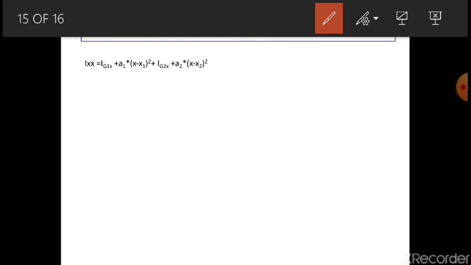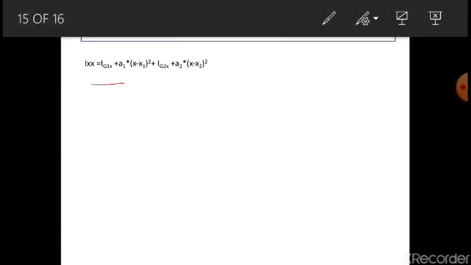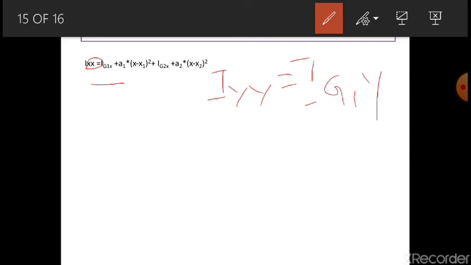If you see, it is not Ixx, it is Iyy, and this is equal to Ig1y, and the second one is Ig2y.